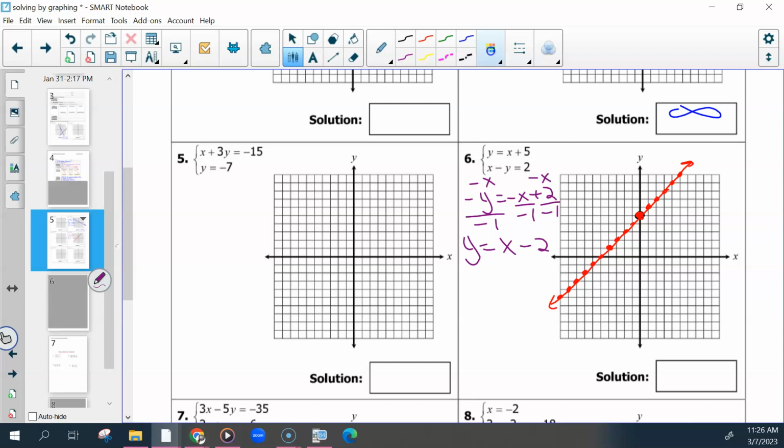So before we graph this, what type of solution would these have? The type of solution is none, because the slopes are the same. These are going to be parallel lines.